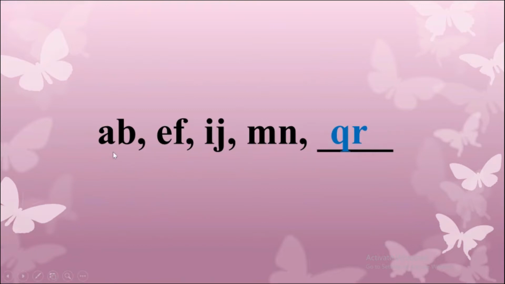So here we have AB, we skipped CD, then we take again EF, we skip GH, then we take IJ, we skip KL, we take MN, we skipped OP, and so we have QR.